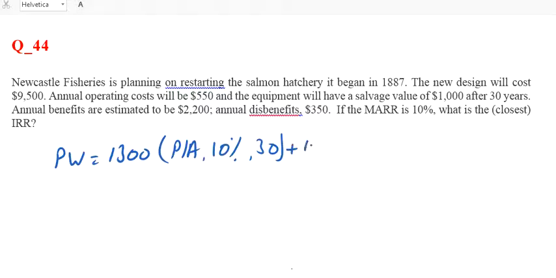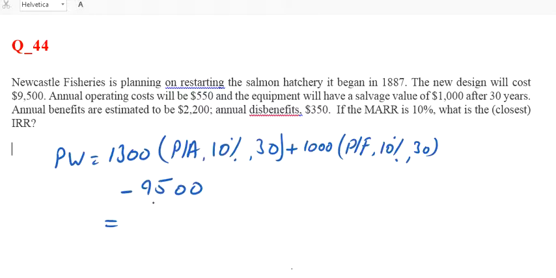Plus 1,000 P given F, 10%, 30 years, minus 9,500. It is 2808.